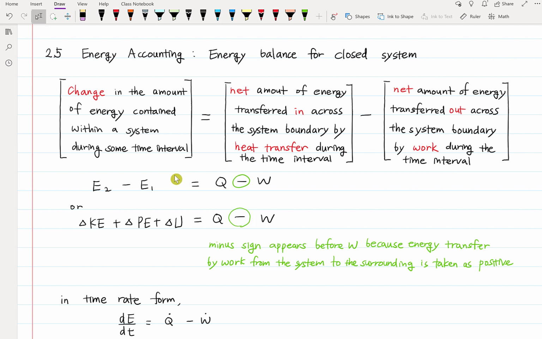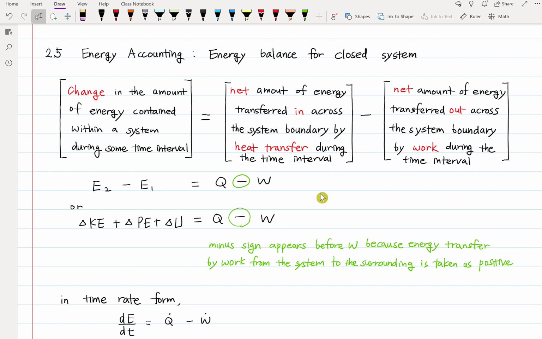So energy balance can be expressed using symbols E2 minus E1. So energy at state 2 minus energy at state 1 equals Q, net amount of energy transferred by heat.